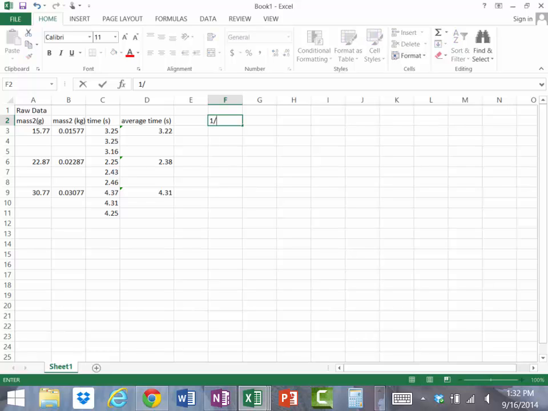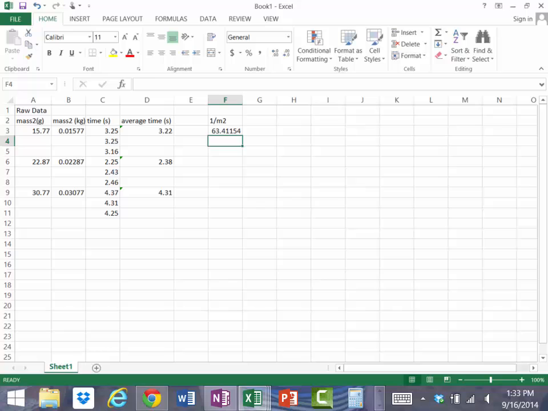I want to do 1 over M2. I'm just going to write that as 1 over M2. Is that okay? Here I'm going to write equals 1 over mass 2. Boom. And then in this cell, do you see the little square at the bottom? I'm going to grab it and drag it down. Oh no, you're dividing by 0. We don't care.